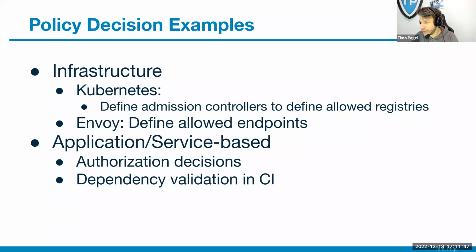And on the application side, you can perform authorization decisions. You can also identify dependency violations in your CI/CD. So you say only these dependencies are allowed, or you say these are on the blacklist, and then you can define that in Rego. Then you can utilize OPA to identify it.